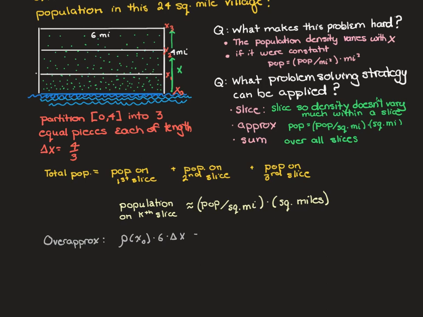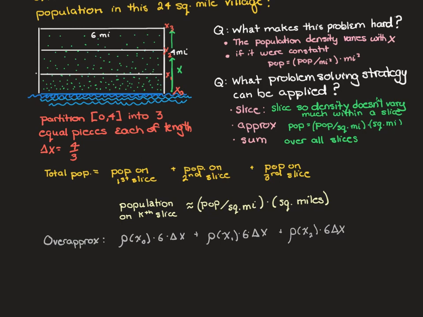That's an over-approximation for the number of people on the first slice. And on the second slice, I take rho of x sub 1, because that's the closest that any place on the second slice gets to the seaside, and then multiply by 6 delta x, the area. And for the third slice, rho of x sub 2 times 6 delta x. That would give me an overestimate for the number of people.